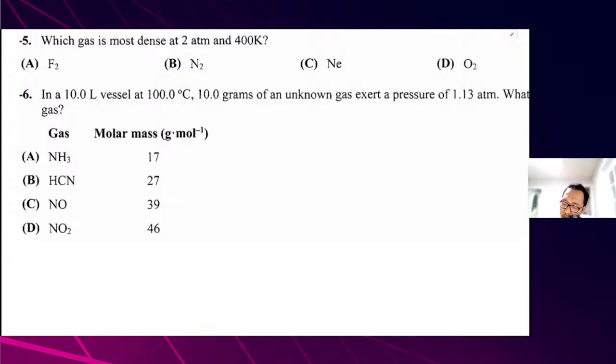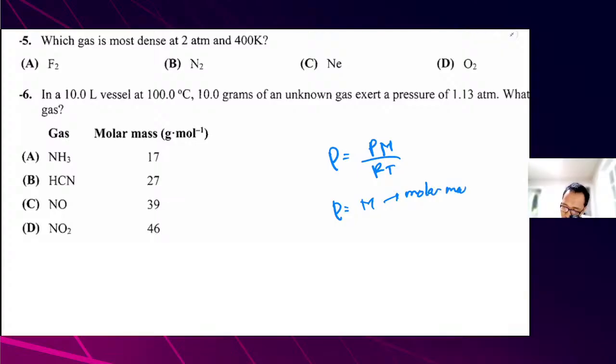So rho = PM/RT. In this case, R and T will be the same, right? P is also the same. So we can cancel them out. So rho is proportional to M, the molar mass.